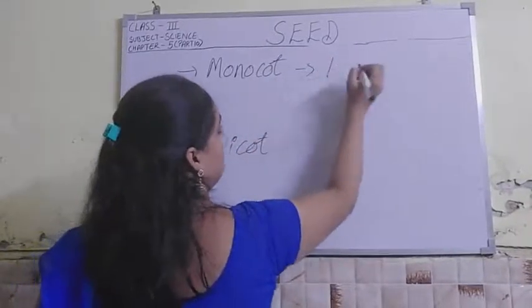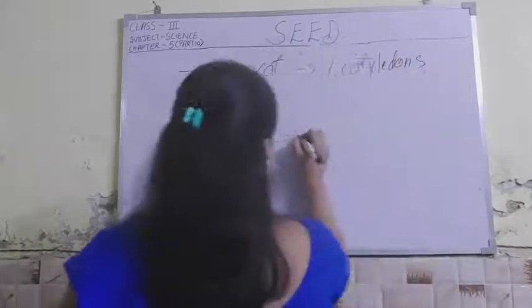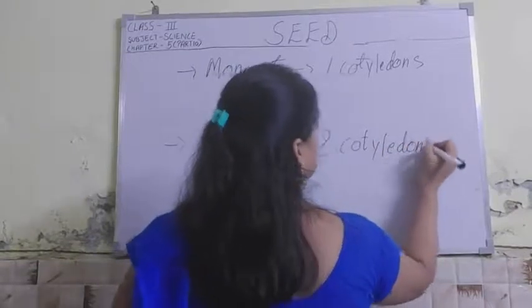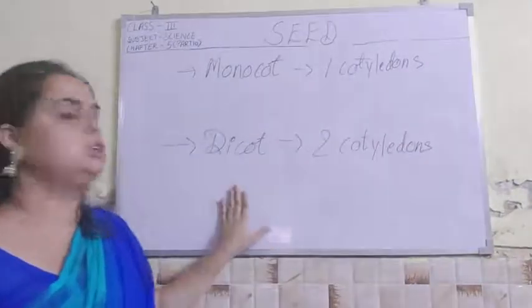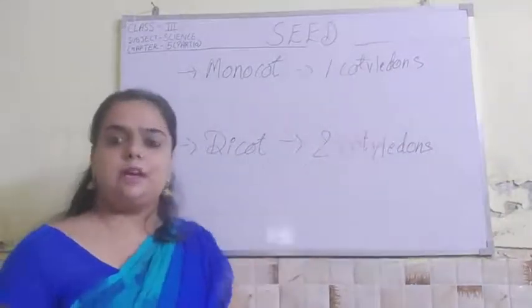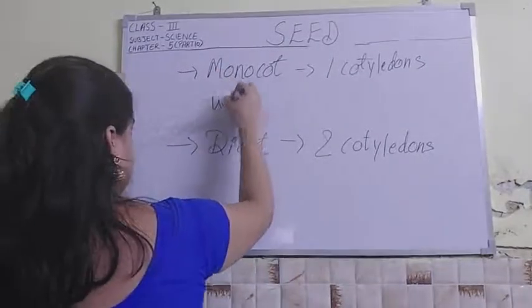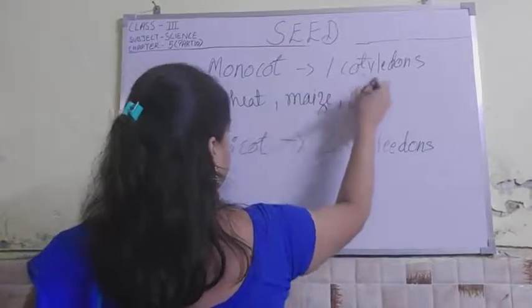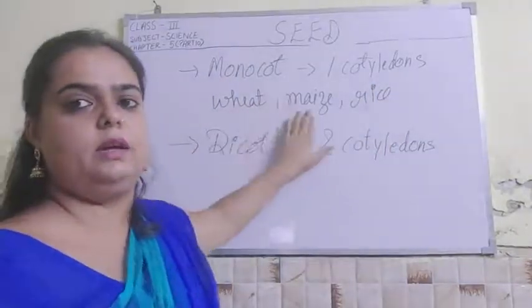Monocot, one cotyledon, and dicot, two cotyledons. The examples of monocot seed: wheat, maize, rice. These are the examples of monocot seed: wheat, maize, and rice.